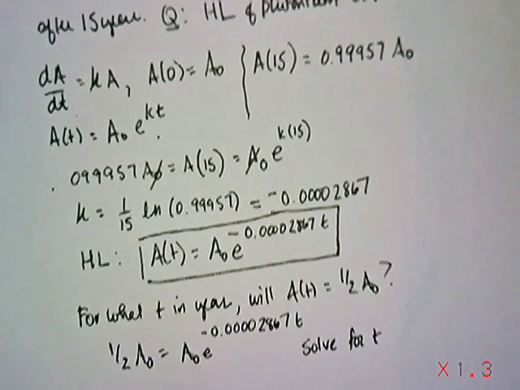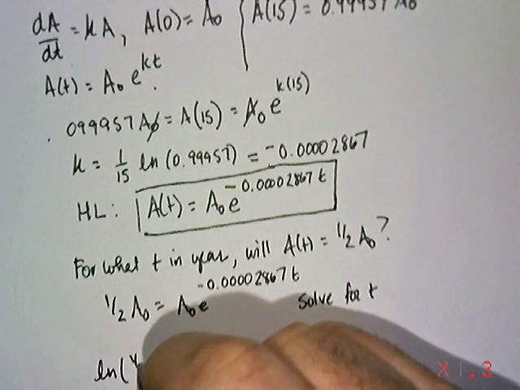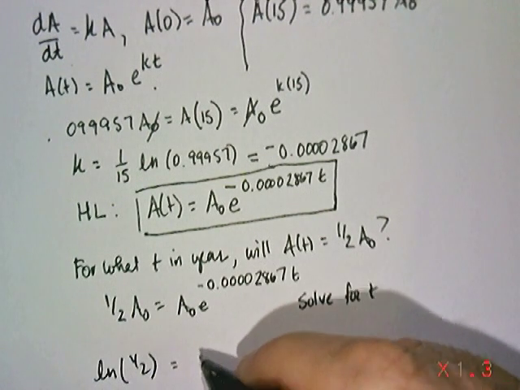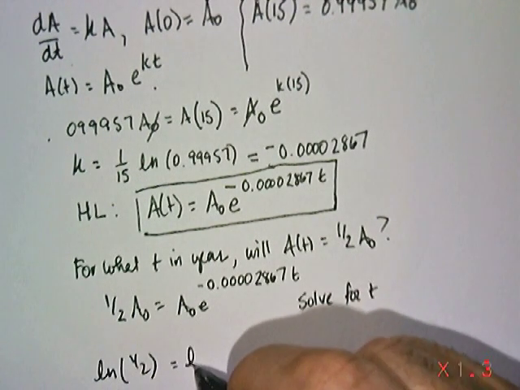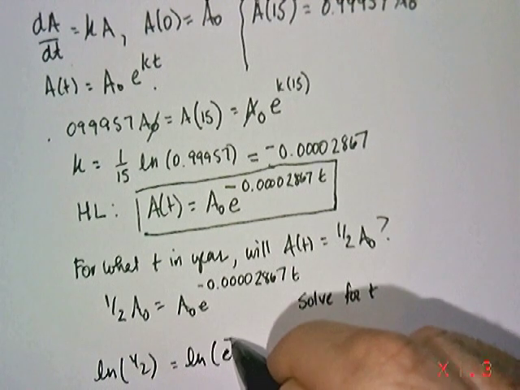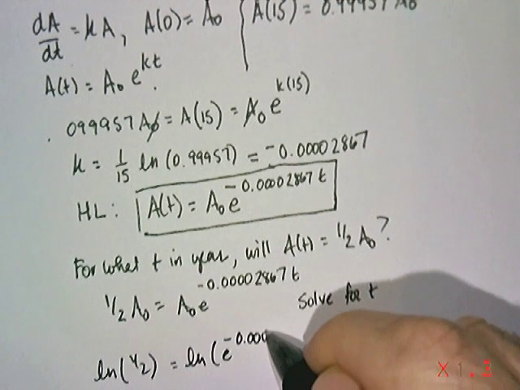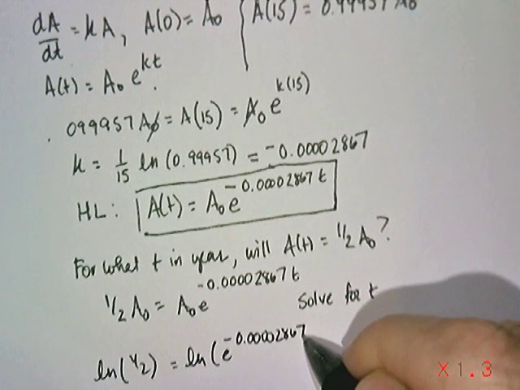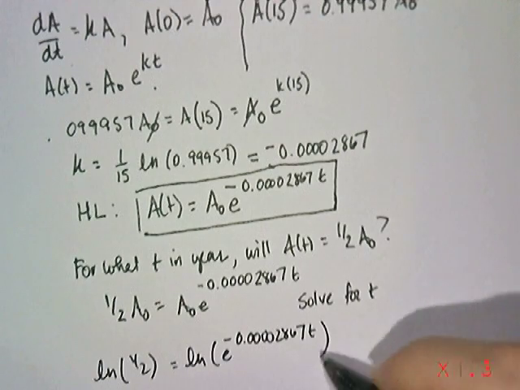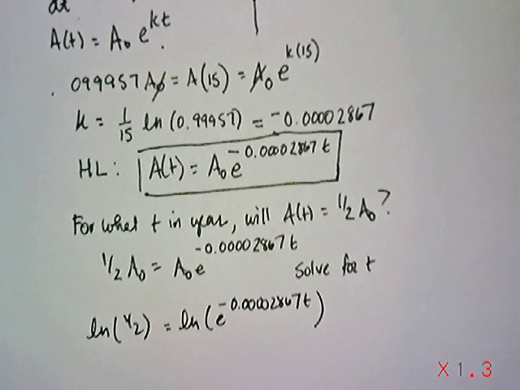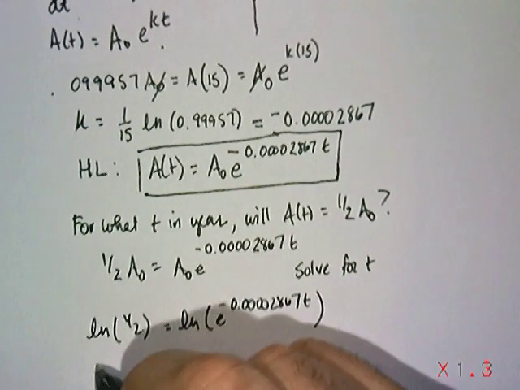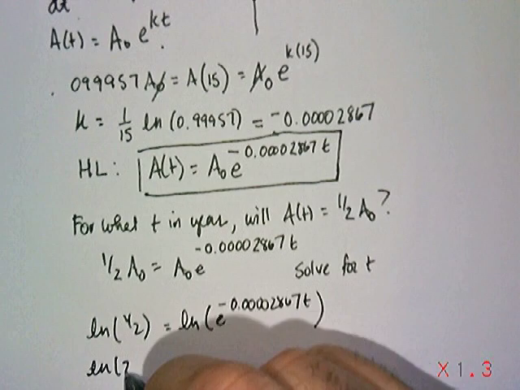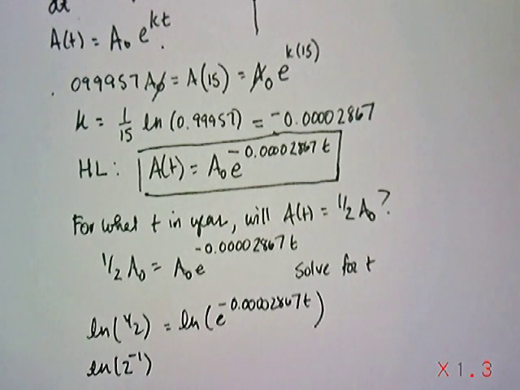Of course, we use natural logs. What you're going to get is the natural log of 1/2 is going to be equal to the natural log, of course taking both sides, of e to the negative 0.000002867 t, and you should be able to realize that the natural log of 1/2 is the same thing as the natural log of 2 to the minus 1 power.